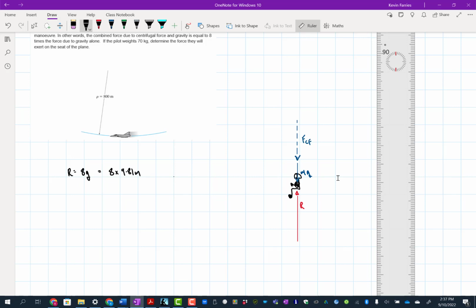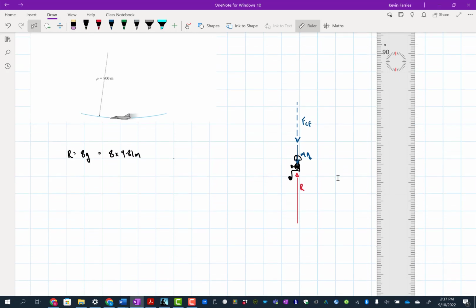Now they've given us that, but let's just leave it general, could be any person and any mass. And so that is going to be equal to 8 times 9.81, which is 78.48 times the mass of the person.